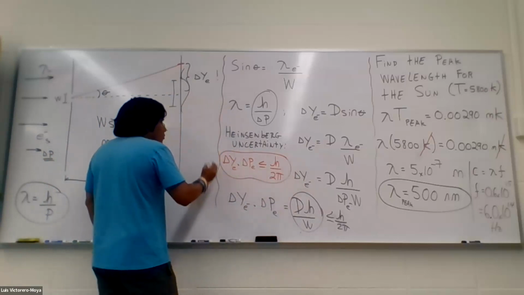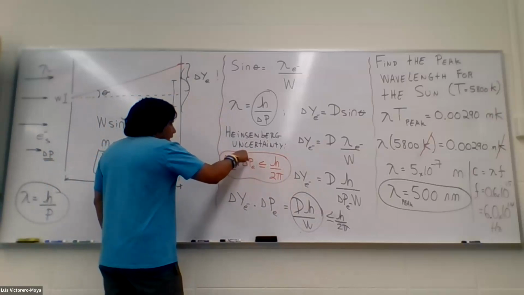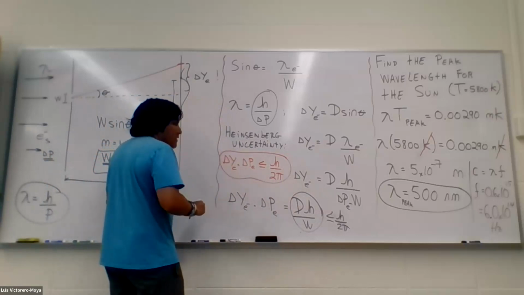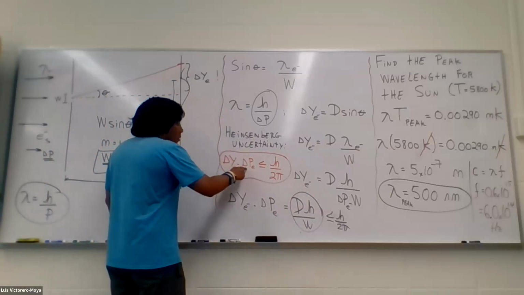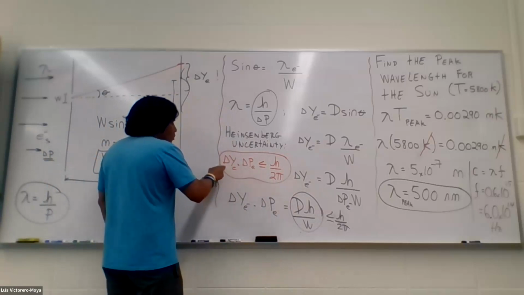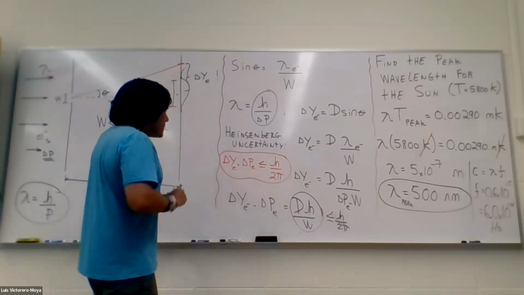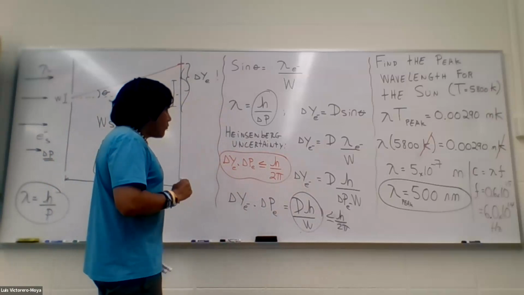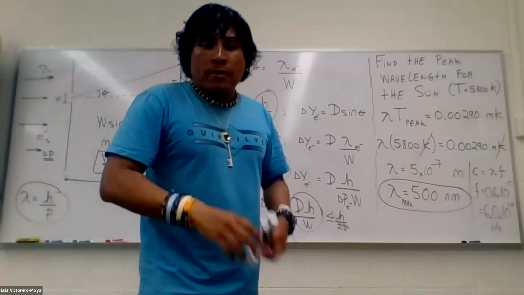So the more you know about the position, the less you know about the momentum, aka the speed of the electron. The more you know about the speed, the less you know about the position. That's the Heisenberg uncertainty principle.